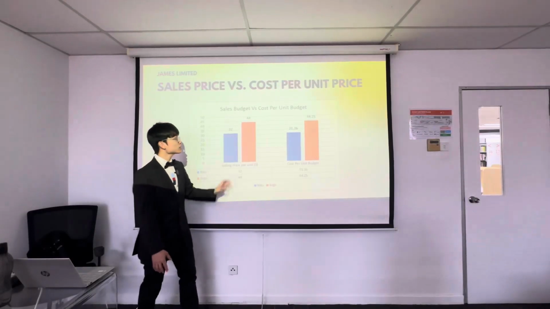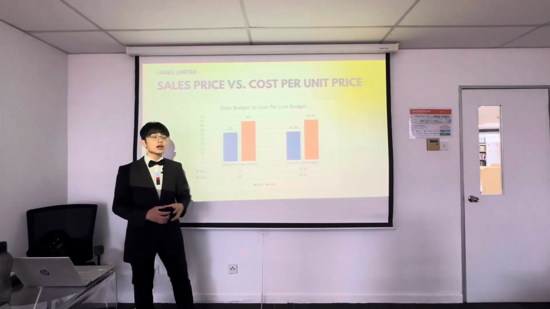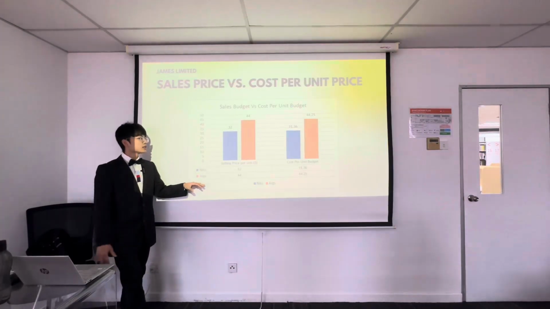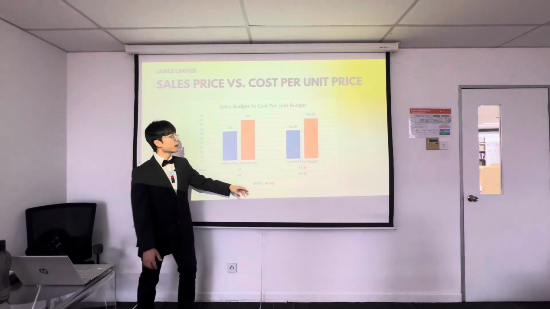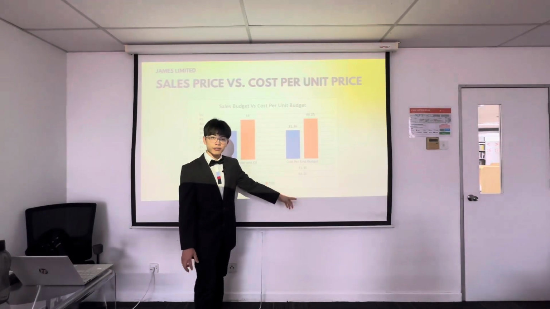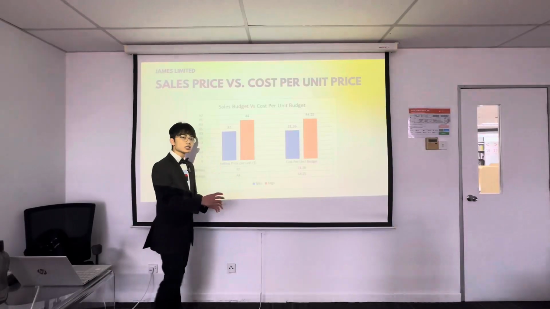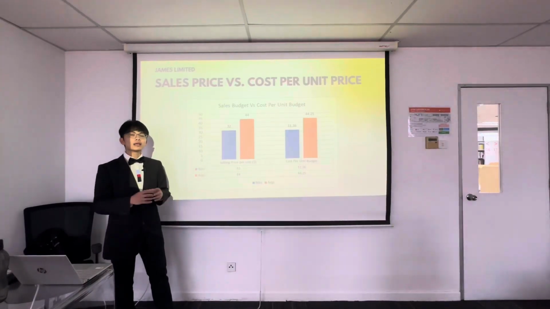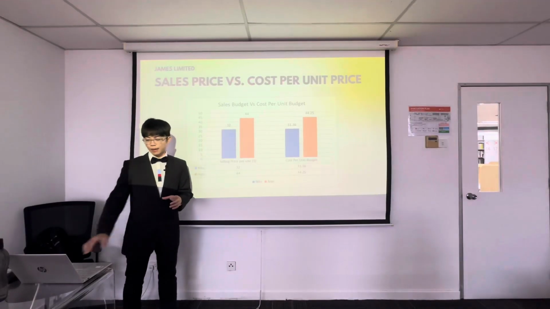So the company is earning a profit through manufacturing NICs. But for ARCs, the selling price is $44, while the cost per unit is about $44.25. So the cost is higher than the price, and it incurs a loss to the company.